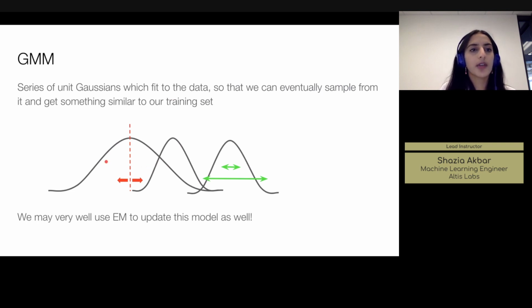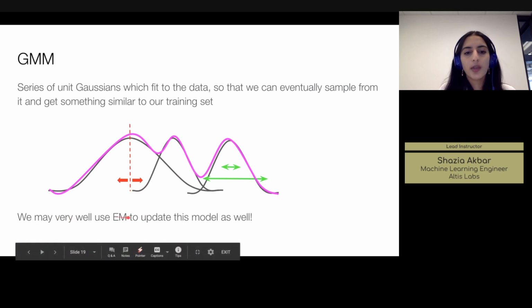The purpose of the Gaussian mixture model is to learn a series of unit Gaussians which fit our model accurately enough so that when we sample from it, we get something that could have originally come from our original training set. If we've modeled this Gaussian mixture model for long enough and in a sufficient manner, we should be able to achieve a function that can capture all of our training set. And this is dependent on the number of Gaussians we define as well, and that's a parameter that you can set.